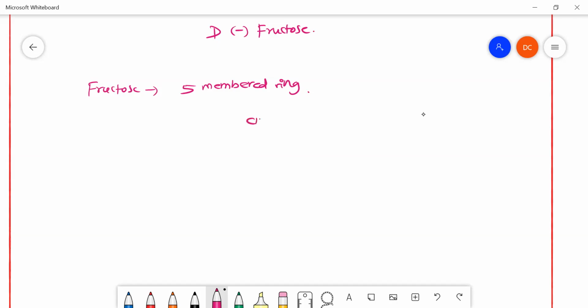Say for example, CH2OH, I can write it here. Then C double bond O group is here. Then C, here H, here OH. Then the next one is COH, H is here. Then C, OH and H is here. Then CH2OH.